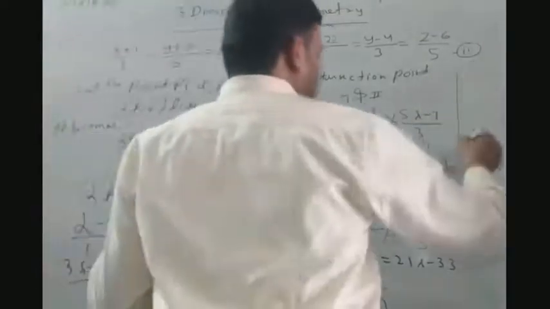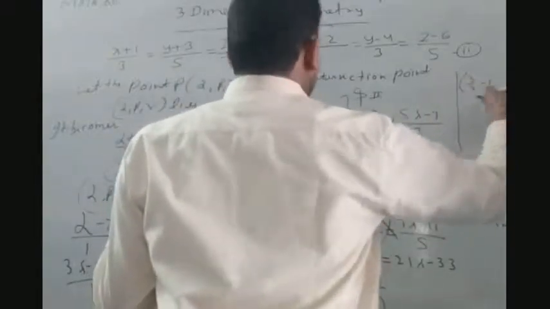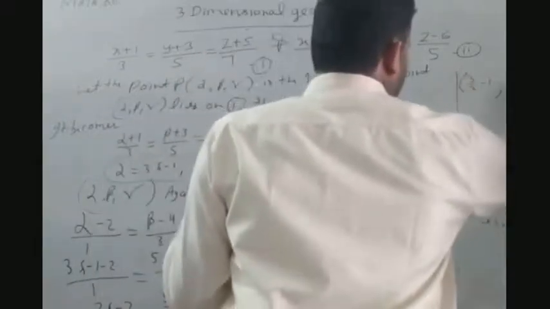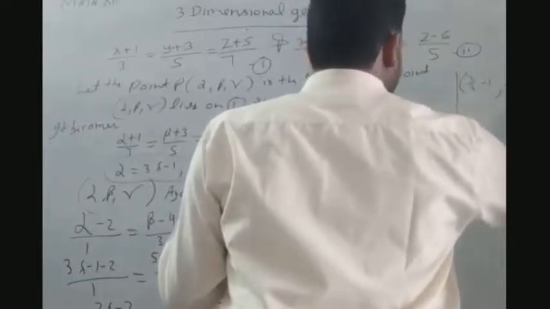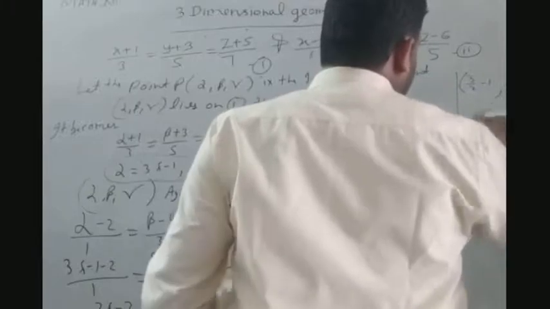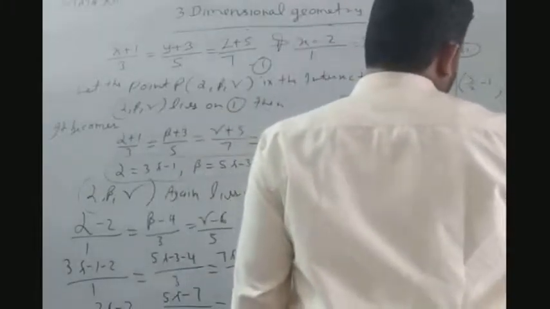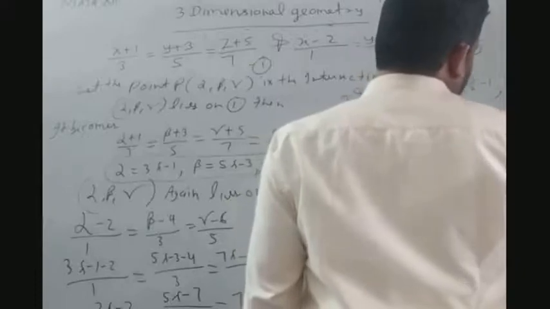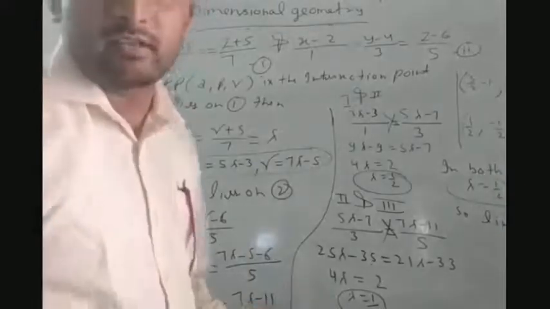We write 3 by 2 minus 1, 5 by 2 minus 3, and 7 by 2 minus 5, which is 1 by 2, minus 1 by 2, and minus 3 by 2. So this will be our point: 1 by 2, minus 1 by 2, minus 3 by 2, which is our intersection point.